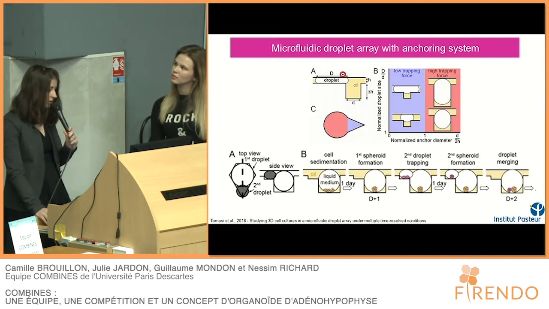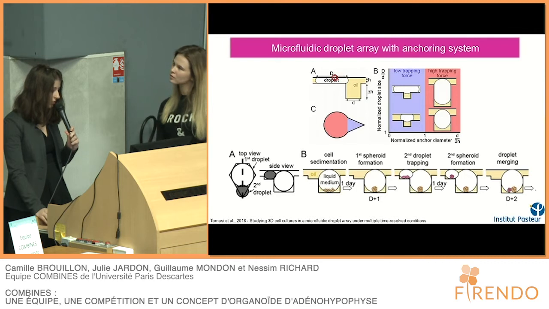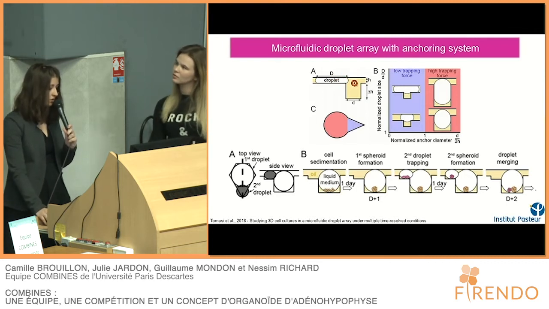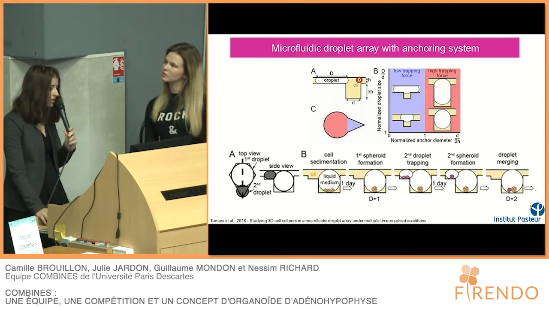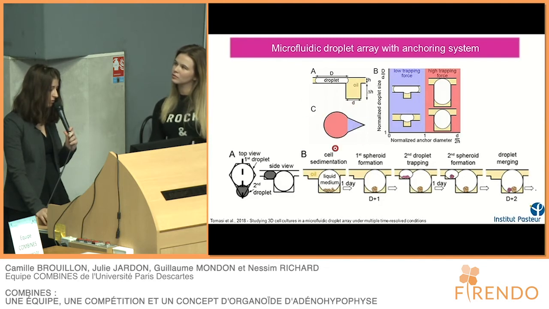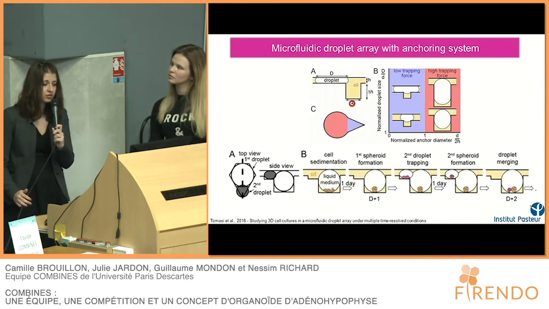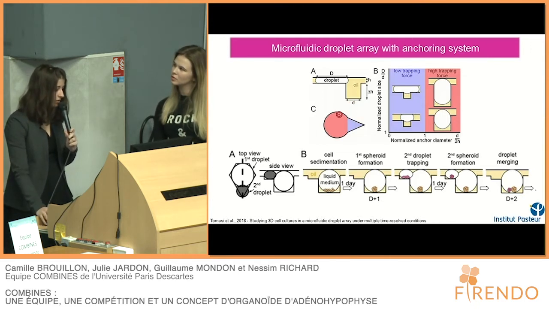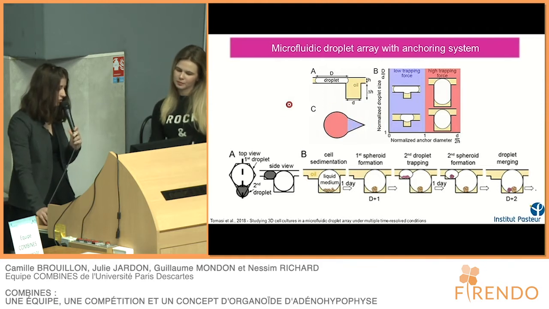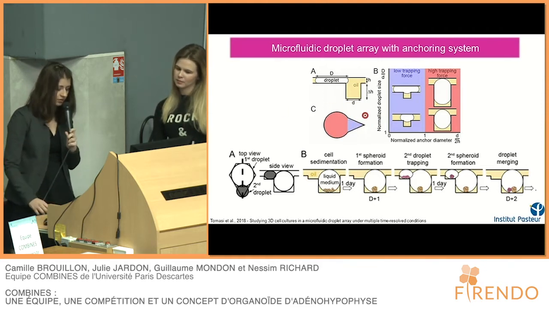So the cells are loaded in a droplet of water, which is bathed in an oil medium, and the cells are trapped in the red part of the trap, and we can add later small molecules such as antibodies or growth factors, which are anchored by the blue anchors here, and are then trapped in the trap with the organoid.